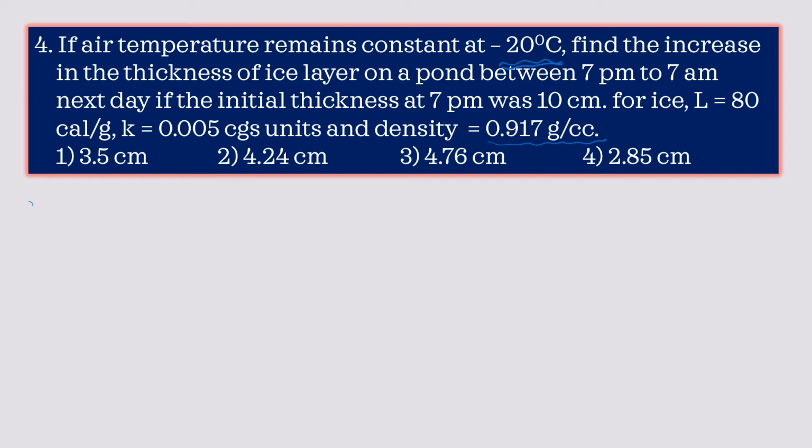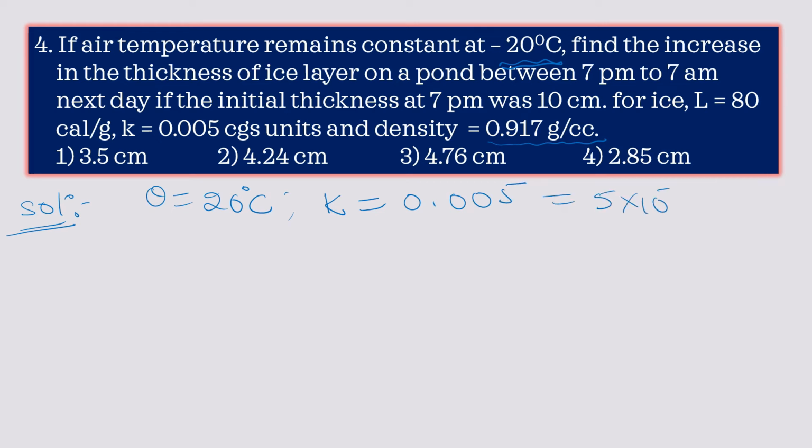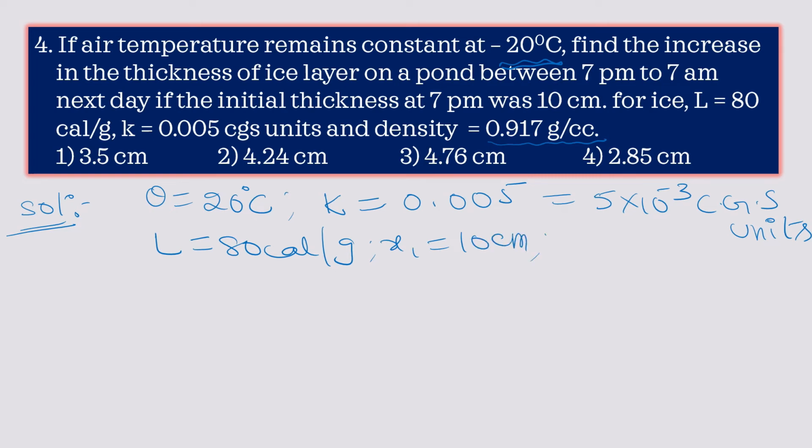Now let us go to the solution. Given theta is equal to 20 degrees centigrade and its conductivity is given as 0.005. This can be written as 5 into 10 to the power of minus 3 CGS units, and latent heat of ice L is 80 calorie per gram and x1 is given as 10 centimeter and rho density is given as 0.917 gram per cc.